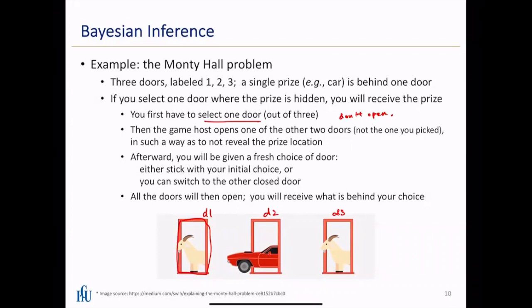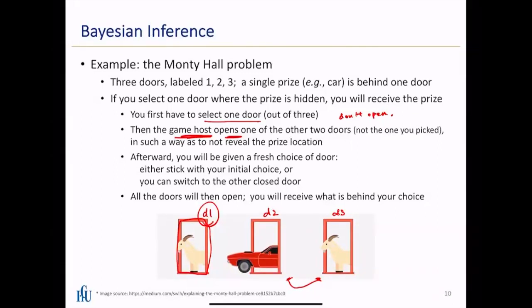After you pick one door, the game host opens one of the other 2 doors. If you pick the first door, the game host will open one of the other 2 doors. Obviously, the game host knows where the prize is, so the door with a non-prize item is going to be opened. So you first pick a door without opening, and then the game host will open a door that you haven't picked.